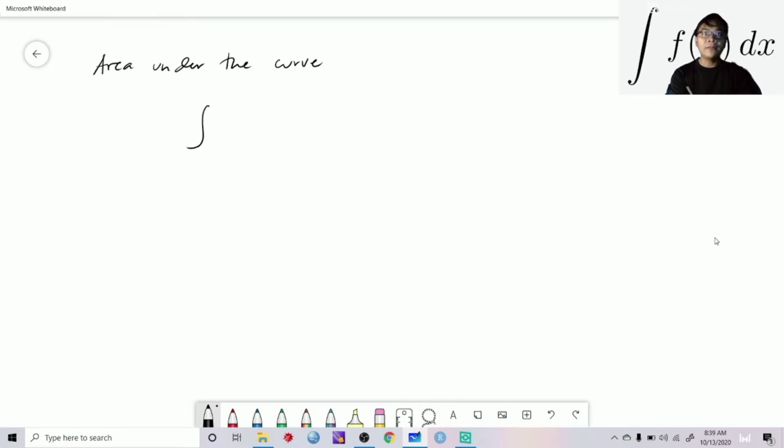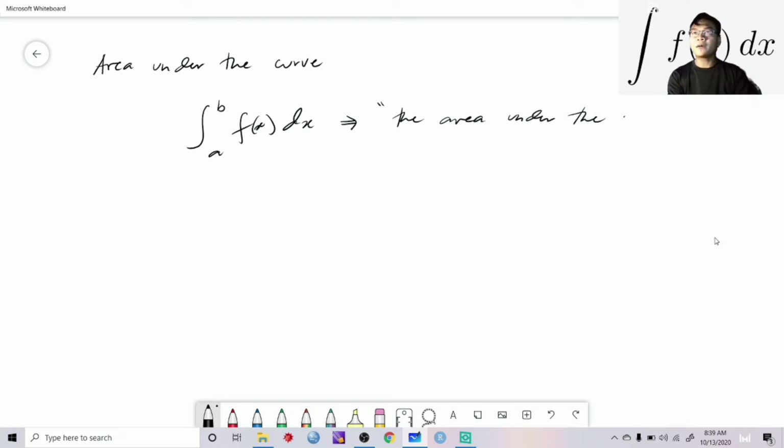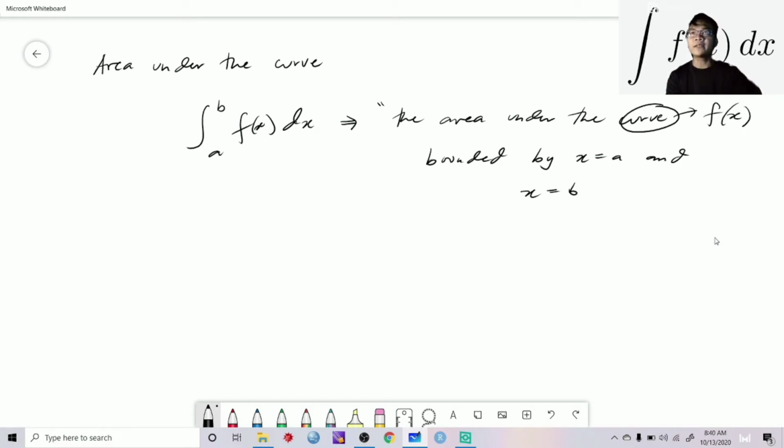So if we have this kind of expression, the interpretation of this is simply the area under the curve bounded by x equal to a and x equal to b. So the curve here is what we call f, or f of x.